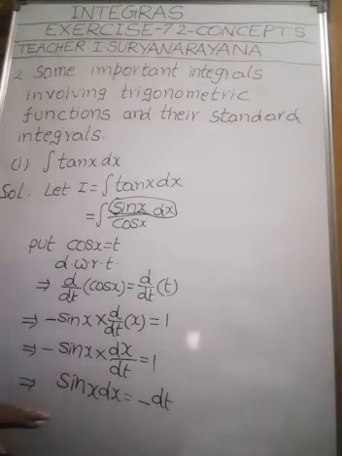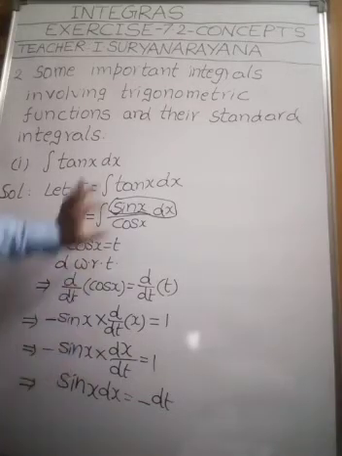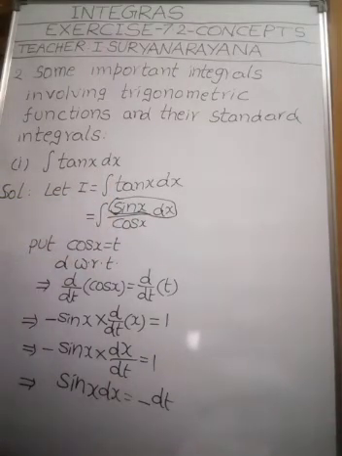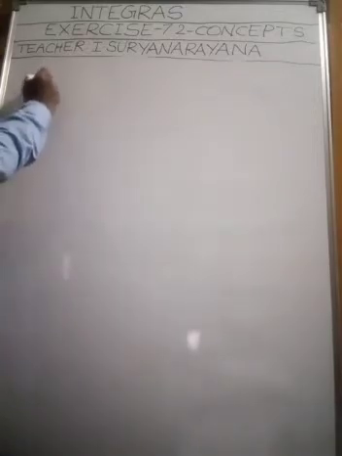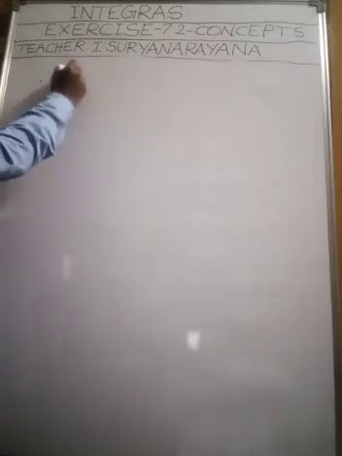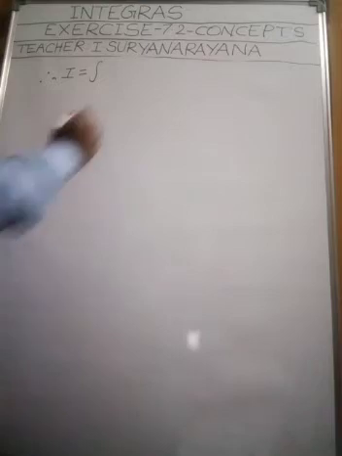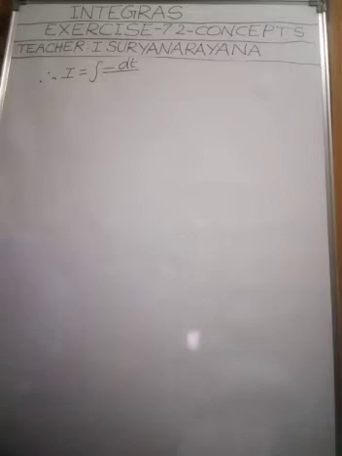Now we substitute this value and this value in this integrand to make this integrand a standard formula. Okay, my dear children? Understood? Right. Let us substitute those values in the given function. Therefore, I is equal to integral of sin x dx, which we got as minus dt, by cos x, which is in the denominator.